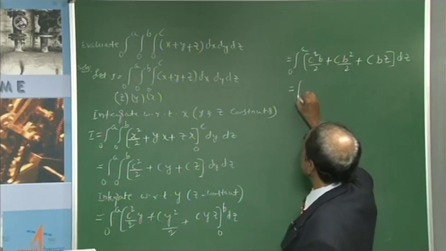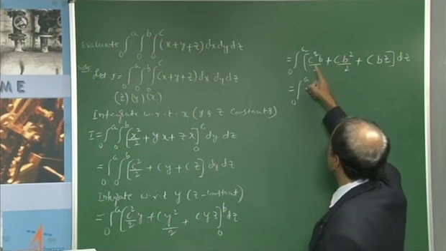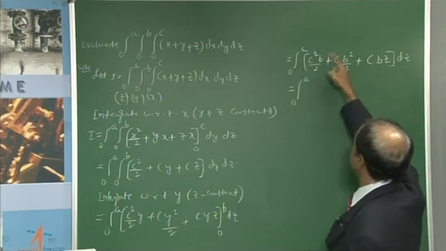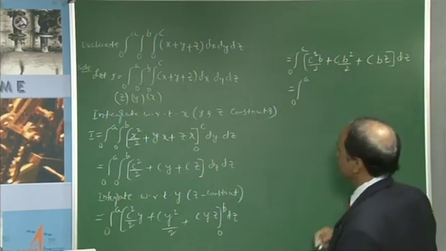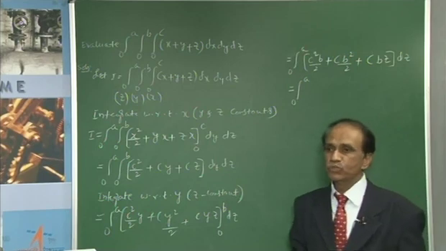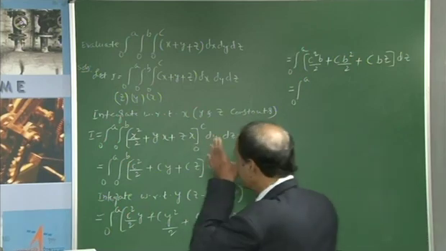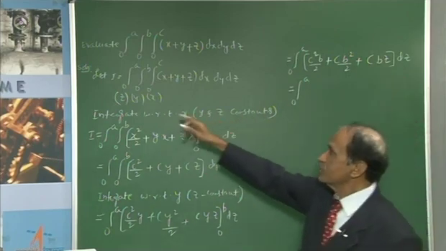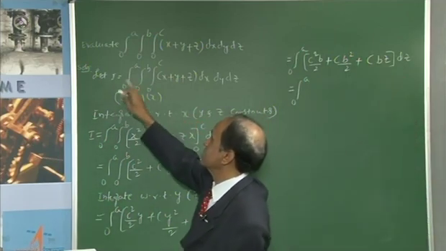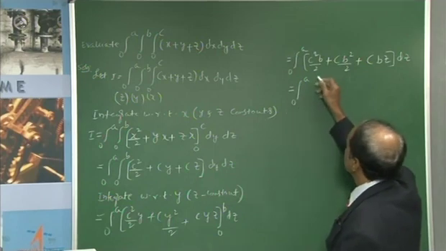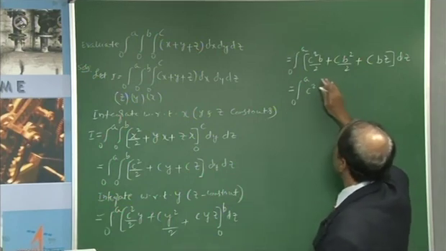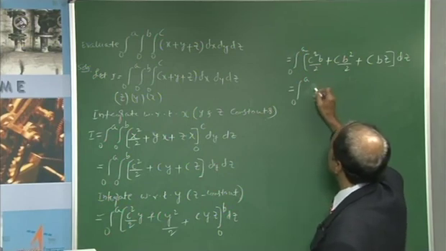Further, 0 to a, in place of x and y, now we are going to integrate with respect to z. That means two variables we have already cleared. Now the third variable, the last variable, is the outermost integral, which carries these limits 0 to a. This becomes c square b.